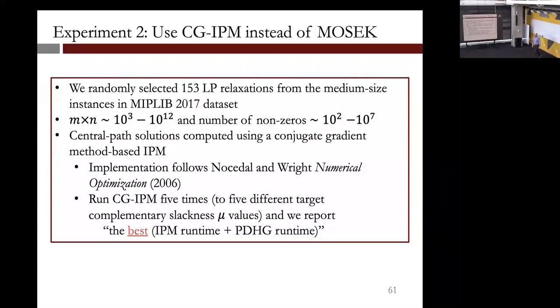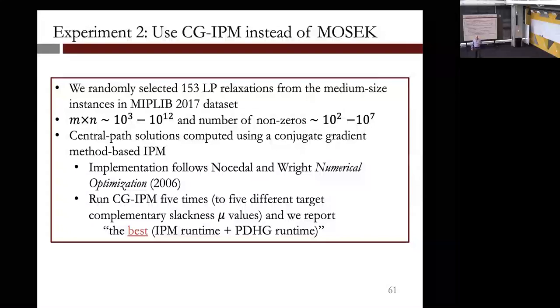Another question is about restarting. Because you don't know this alpha, you don't know the sharpness, it does not seem that you can compute the normalized duality gap. No, wrong. The normalized duality gap can actually be computed very easily.